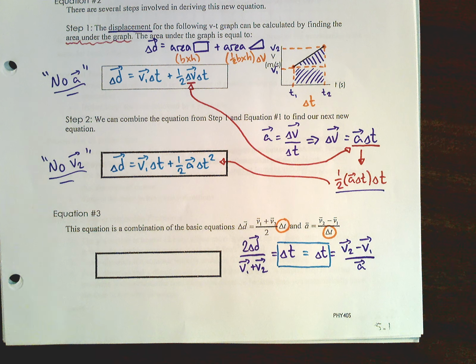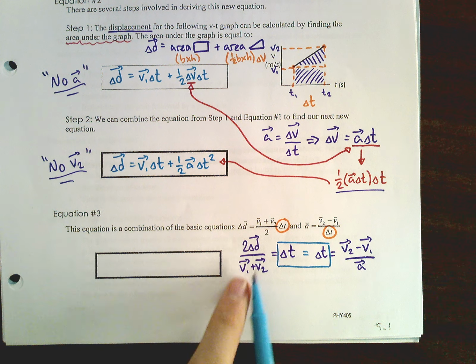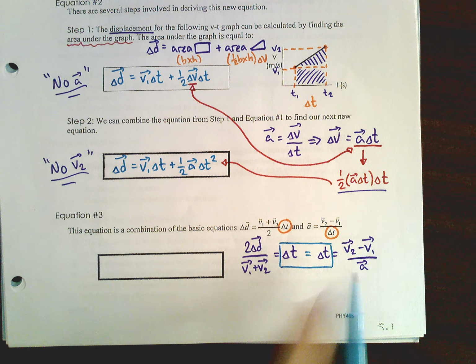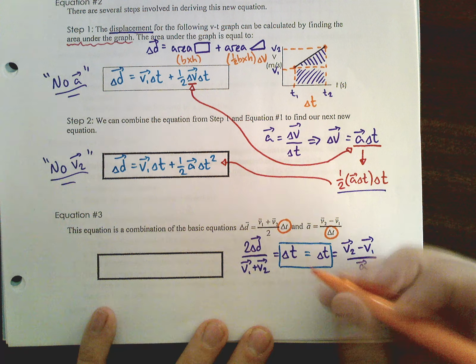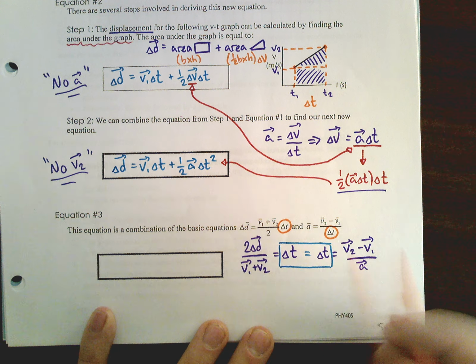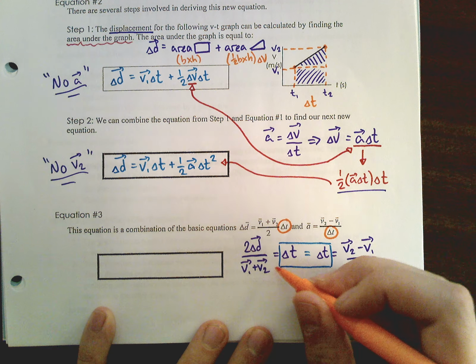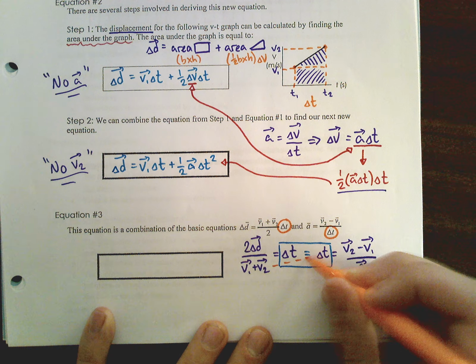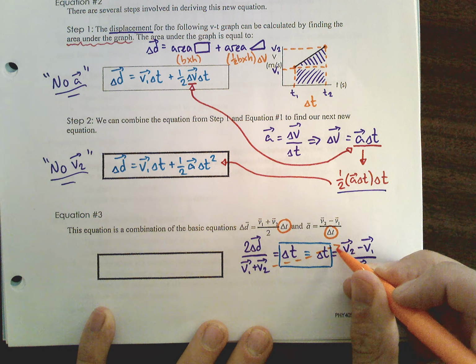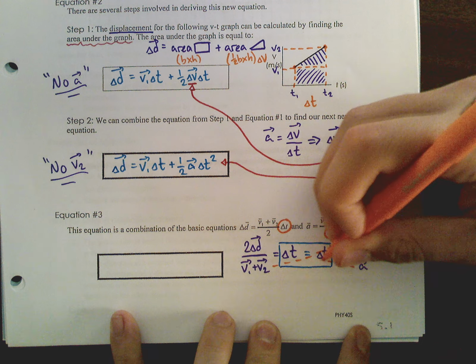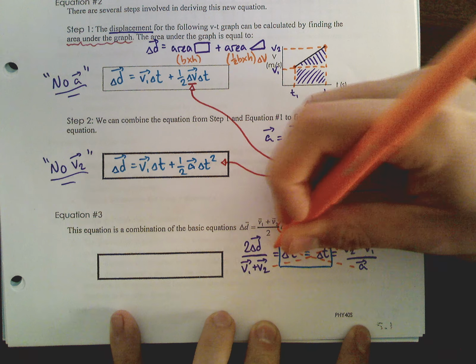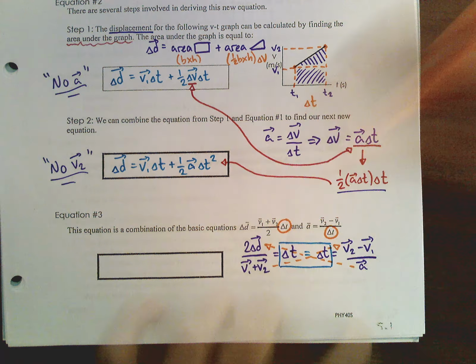And what I end up getting is 2 delta D over V1 plus V2 is equal to V2 minus V1 over A. And then I do something that you have learned in math before. I do a cross multiplication to bring everything up to the top. So I end up bringing this up here, and I end up bringing this A up here.